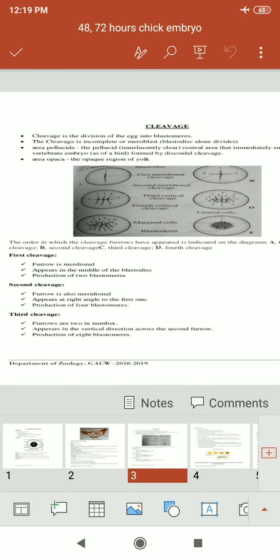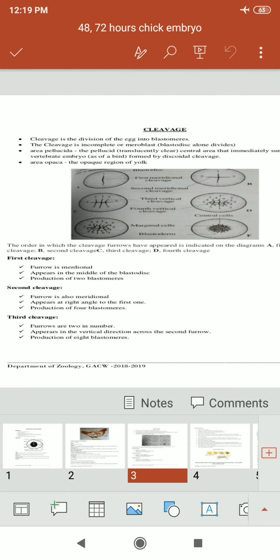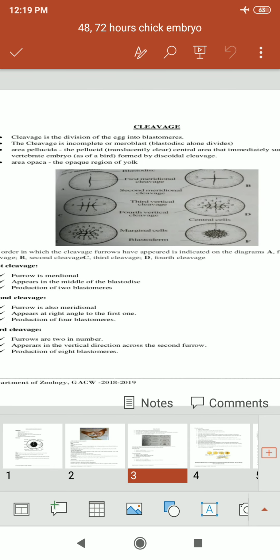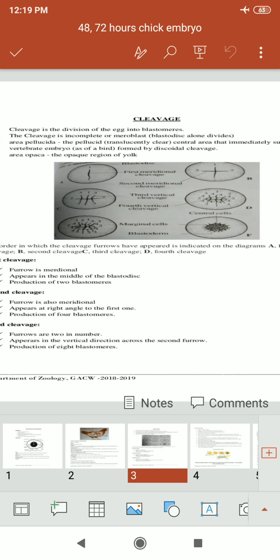So you can see these cleavages, how they look. Cleavage is the division of the egg into blastomeres. The cleavage is big, incomplete or meroblastic, and the blastodisc alone divides.